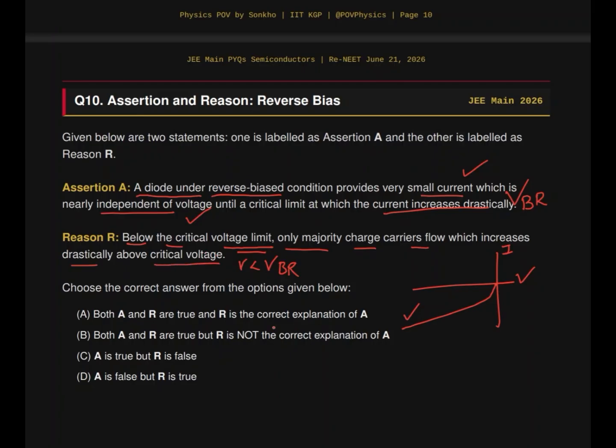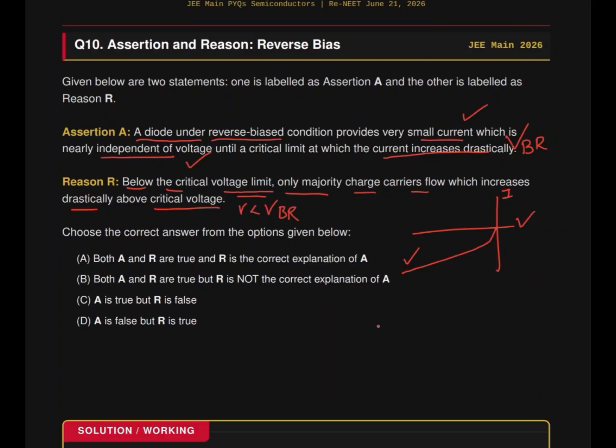This is false. Whenever we have a PN junction like this, this is P side, this has holes, and this is N side with electrons, right?